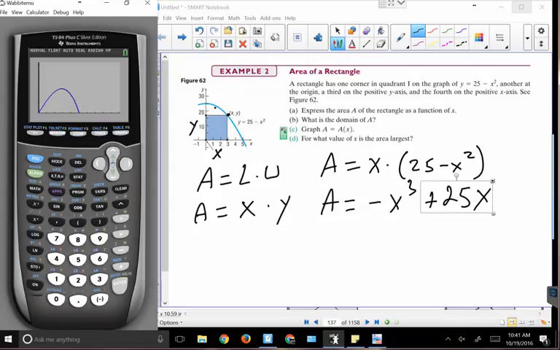Well, if my rectangle is bounded by this constraint of y is equal to 25 minus x squared, I can only put in so many values for this because once I get x above 5, it starts going negative. Can area be negative? No, area can't be negative. This function doesn't necessarily work for us.